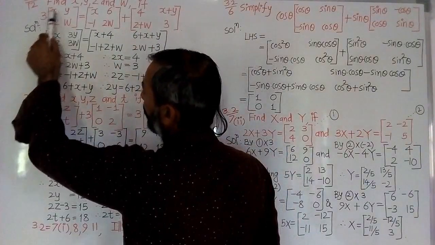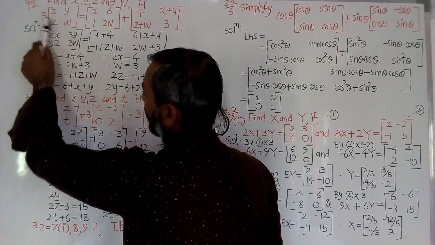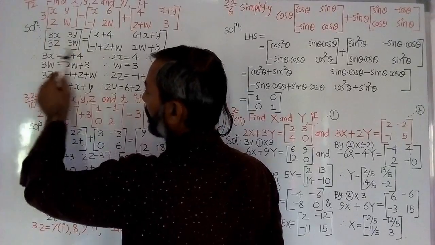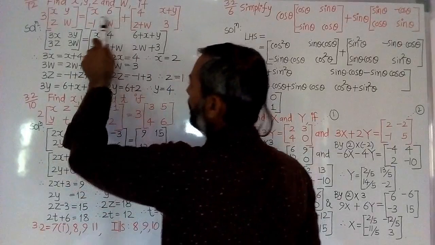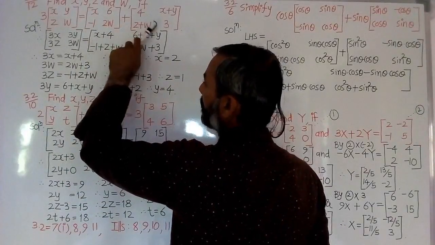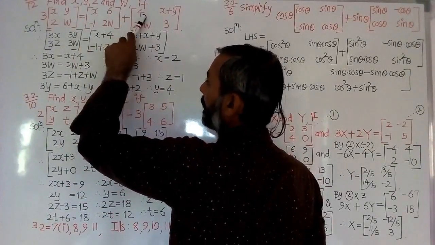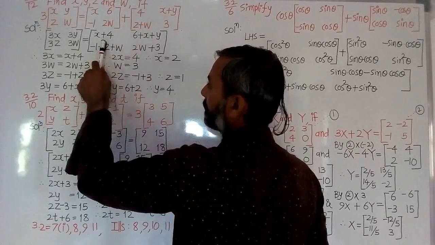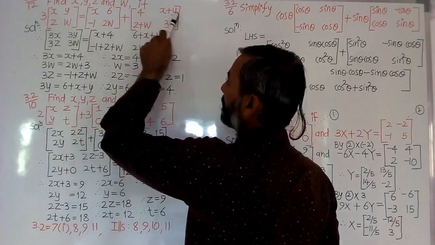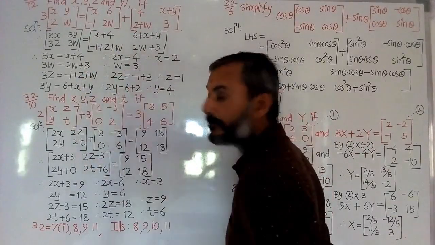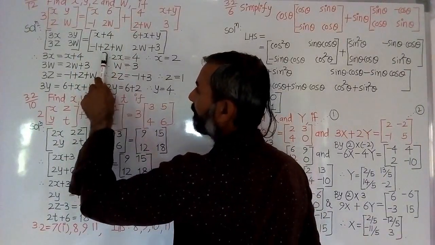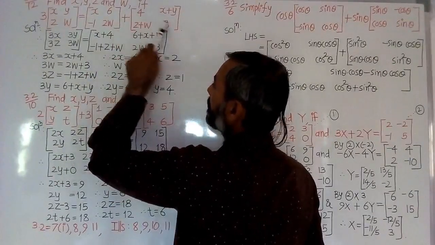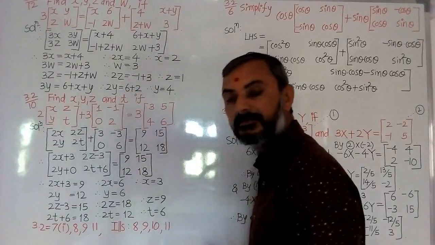So 3x, 3y, 3z, 3w. This is the scalar multiplication. And on the right side we add both the matrices, corresponding elements: x plus 4 here, 6 plus x plus y is here, minus 1 plus z plus w is here, 2w plus 3 is here.